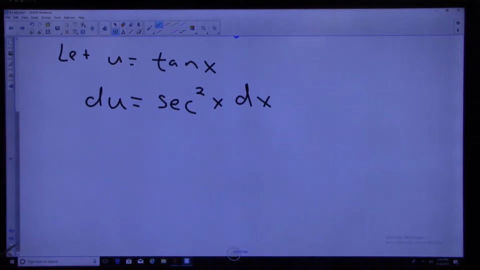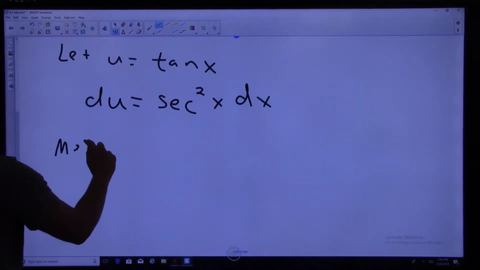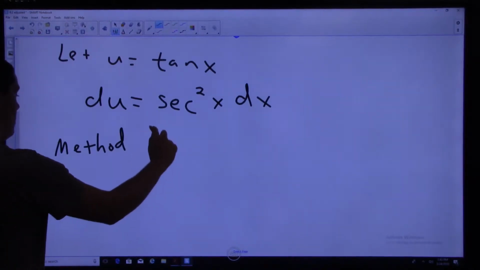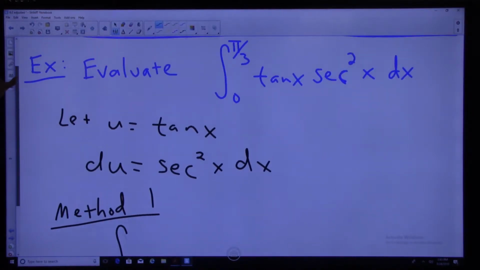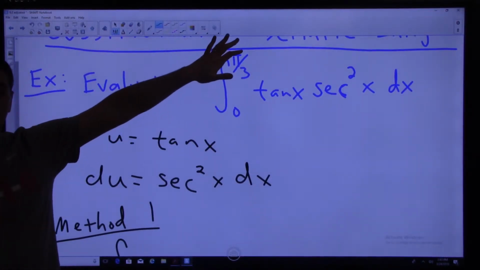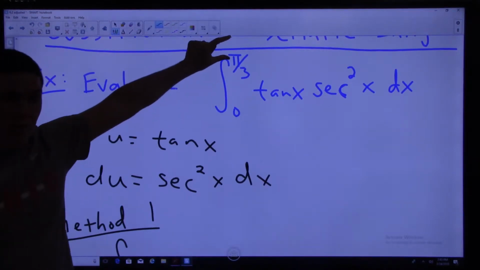This is the first method, so here's method 1. On the next slide, I'll have method 2. We'll look at two different ways of approaching this. Method 1 is to write your integral from 0 to pi over 3, but remember, these are x values.